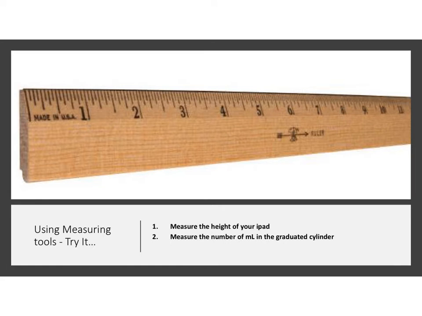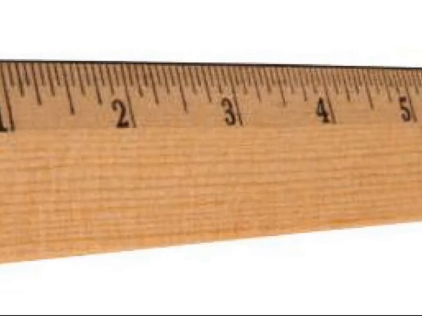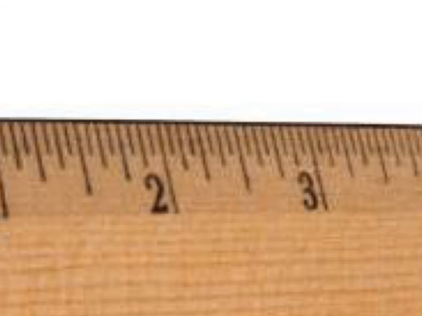So if we look at a measuring stick, it has all these little tick marks on it. So here's 2 inches, here's 2.5, here's 2.25, and then here would be 2.125. So we can go down to a pretty accurate degree of measurement if we are using a ruler like this.